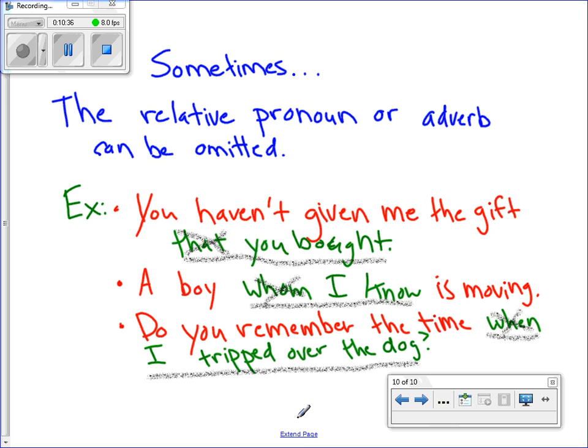Do you remember the time I tripped over the dog? So it's implied that you mean when. The sentence, again, still has the same meaning. So if you take out the relative pronoun, that, or whom, or when in sentences like this, again, they have the same meanings.